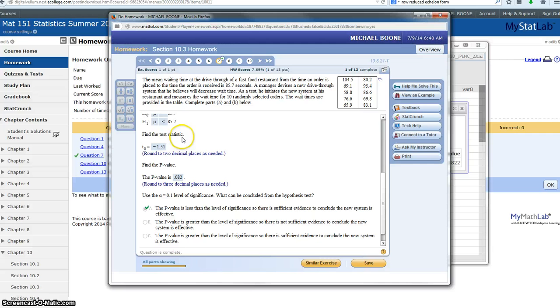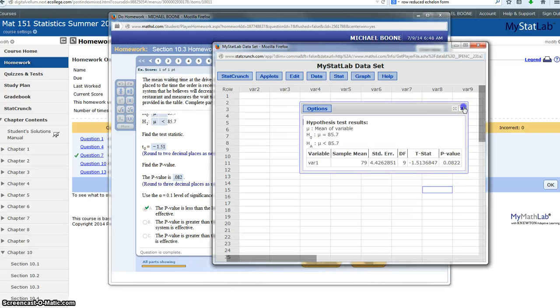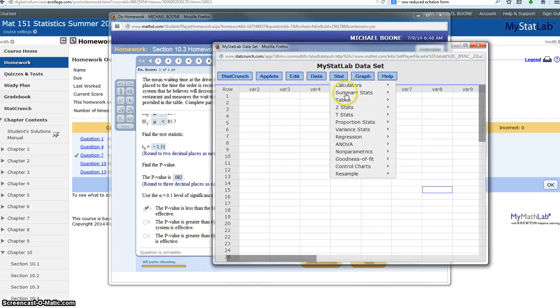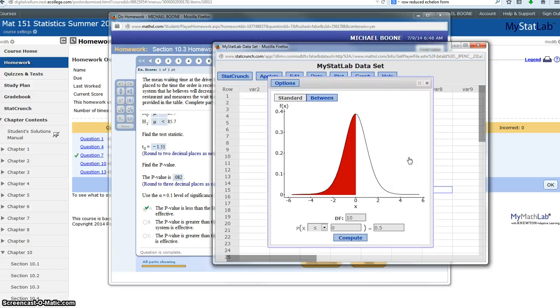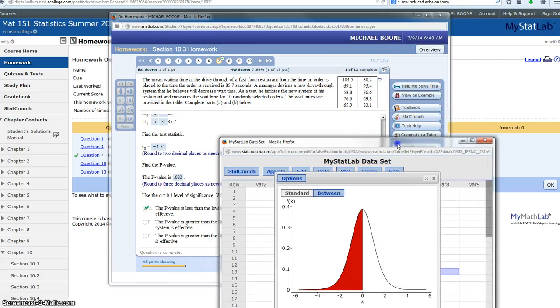But using the classical approach, using the test statistic, we would be comparing this number to a t-value. So I'm just going to bring up StatCrunch and show you how to find that t-value. If you go to your calculators and your t-calculator, my degrees of freedom on this one would be based off how many data points I had. How many data points do we have? 10.